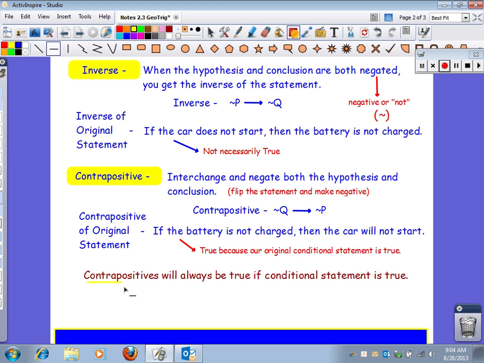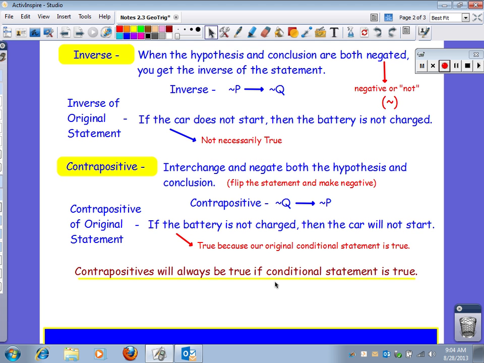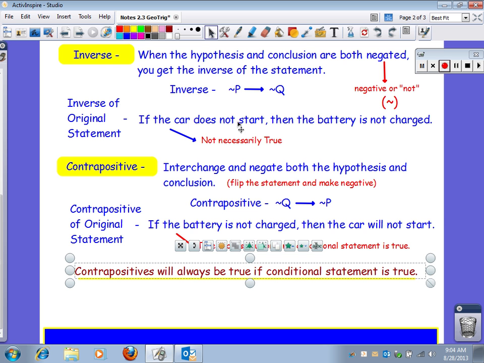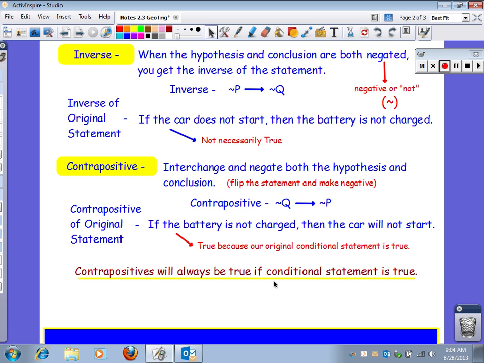So that would be something you might want to underline.